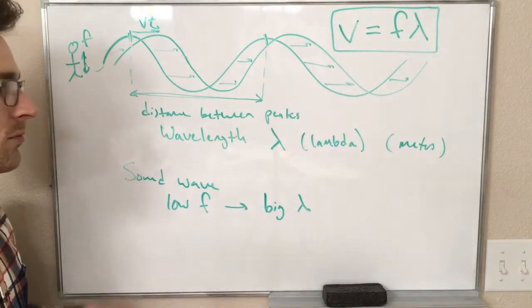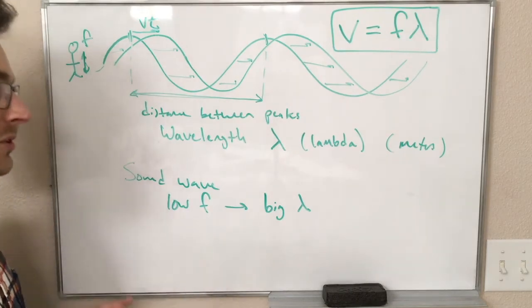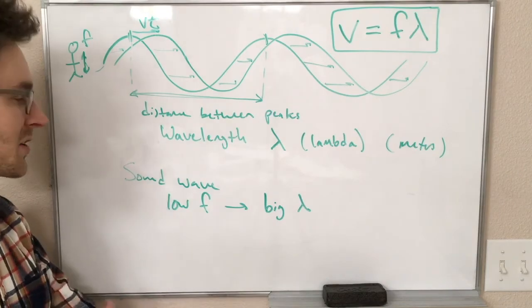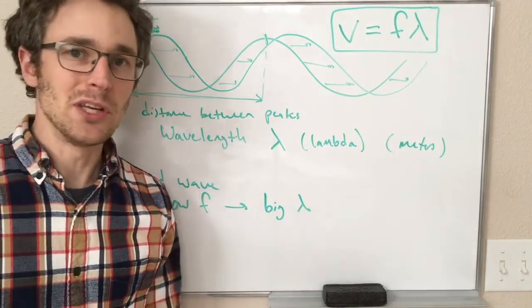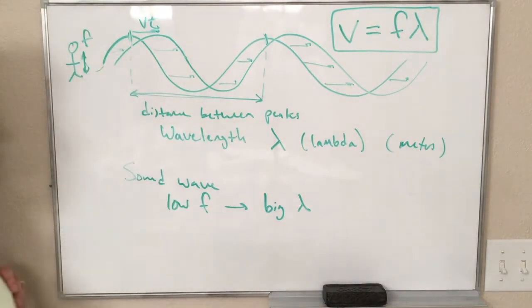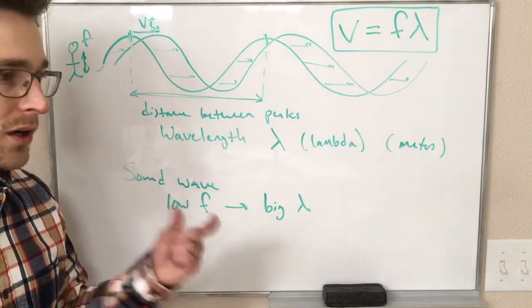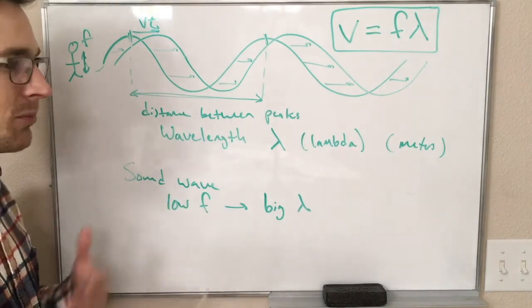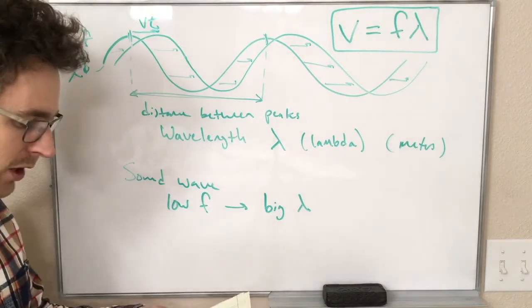So in terms of actual numbers, we'll get to actual numbers in a later lecture, but low notes on the piano might have wavelengths of many meters, many meters long. So the actual size of the oscillations of the air molecules are very large. High frequencies are going to have shorter wavelengths, maybe in the 10 centimeters or less kind of range.